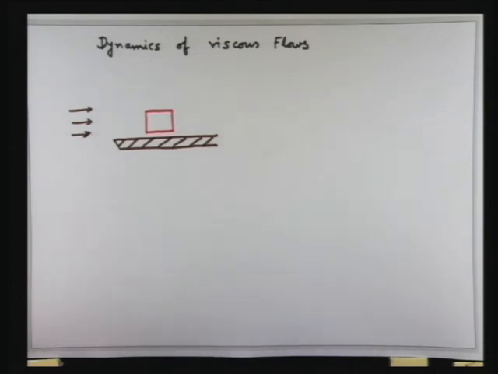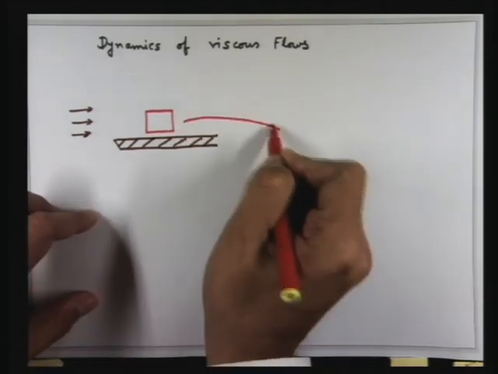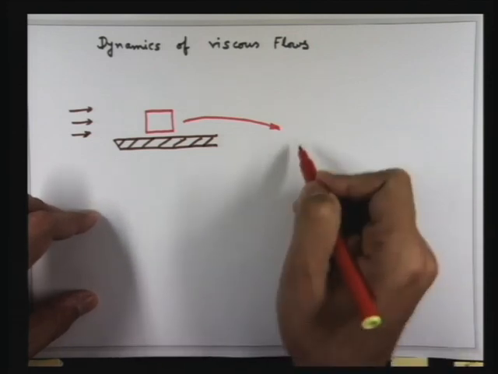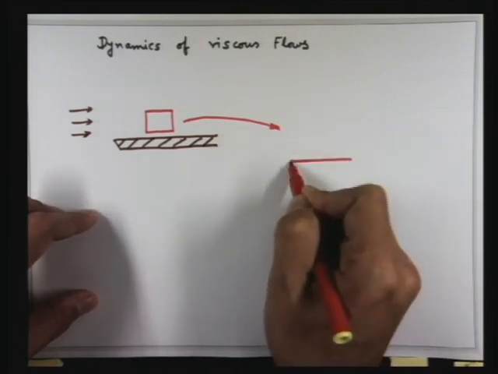Remember that there can also be a normal component of surface force due to viscous stress, which we did not consider for inviscid flow. So for inviscid flow the normal component of force is due to pressure only. For viscous flow you have an additional normal component of force due to viscous stress and an additional tangential component of force due to viscous stress. So we will isolate this fluid element, draw it in a magnified manner and try to identify forces in various directions.